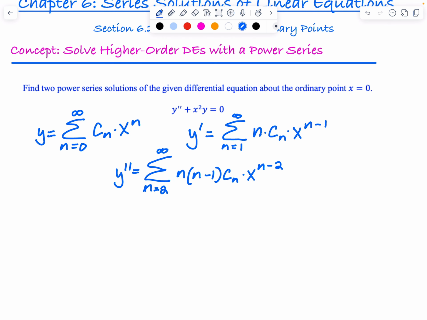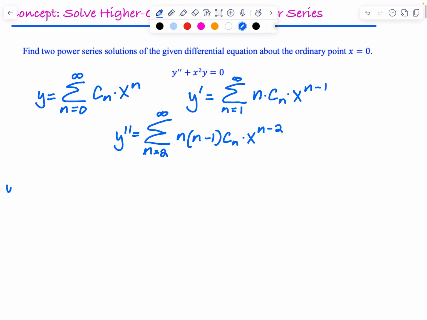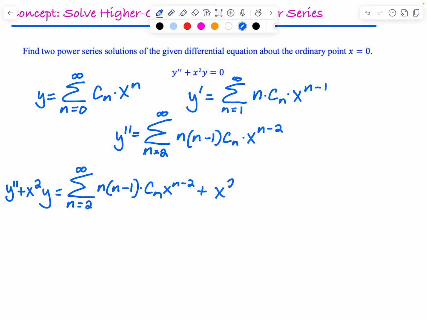What we're going to do now is come up with our diffy-q expression. Thankfully, there's no single derivative, so that'll help us out just a bit. So y double prime gets me the series n equals 2 to infinity, n times n minus 1 times c_n x^(n-2), plus x squared times our guess, our y, the sum from n equals 0 to infinity of c_n times x^n.